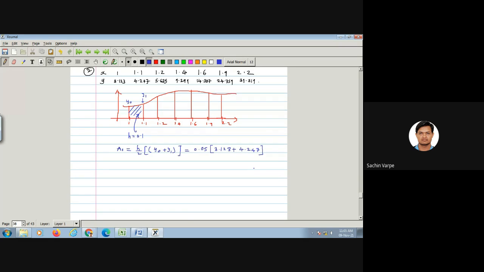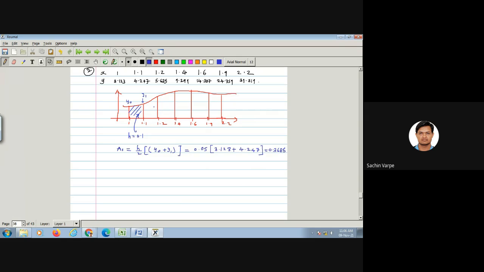Is this clear? What is A1 then for this particular strip? A1 is 0.3685. Please check. That's the area of this strip.